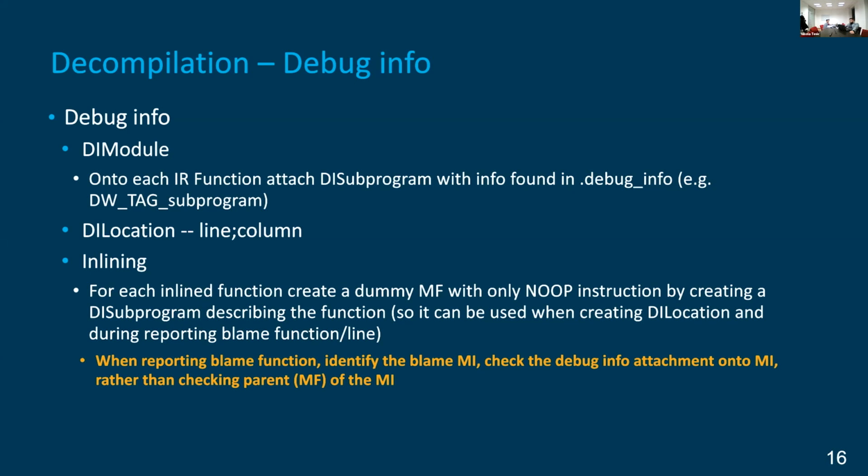Then we read scope information from the debug info attachment, reporting the function from it as the responsible one. By doing that, we can handle situations where a blame instruction comes from a region of code that has been inlined. But we'll show an example of an inlined function during the demo.